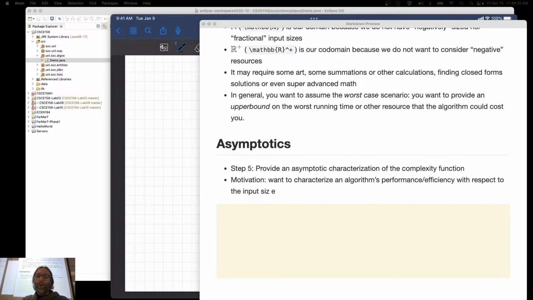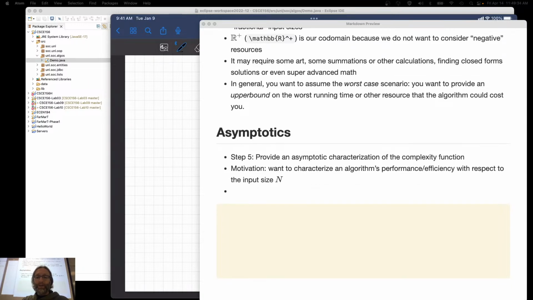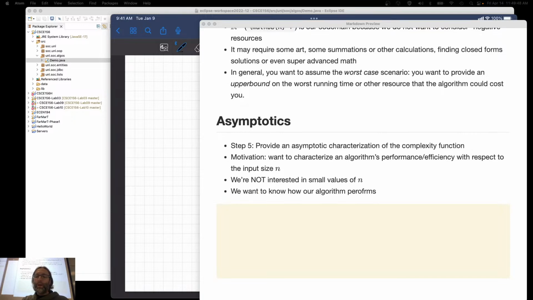We're not interested in small values of n. Why? Because everybody's good for small values of n. That should be a lowercase n, sorry, there we go. We want to know how our algorithm performs as n tends towards infinity.